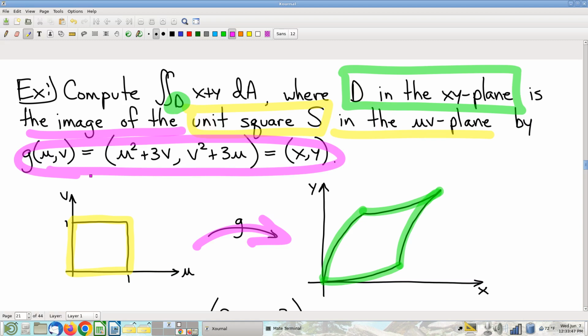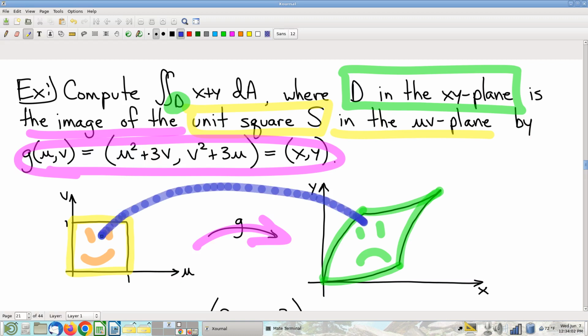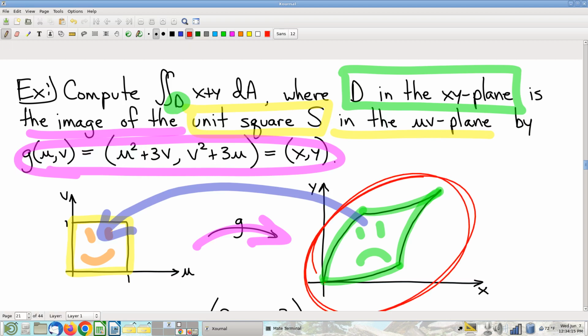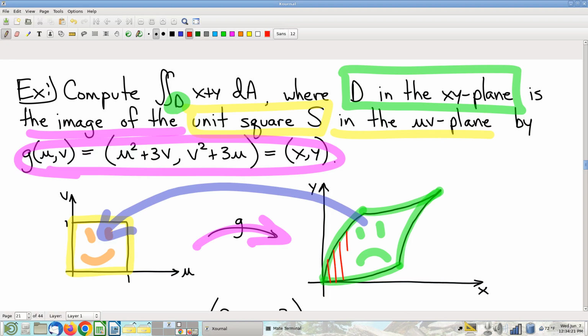Now, what is the point of changing the domain? Why do I consider this domain over here to be undesirable, but this domain over here to be so great? Why would I want to turn that integral into this integral? It's because of where the corners are. If I were to take any slicing process of this green domain, our original domain D, I'd be slicing along and then I'd slice through a corner.